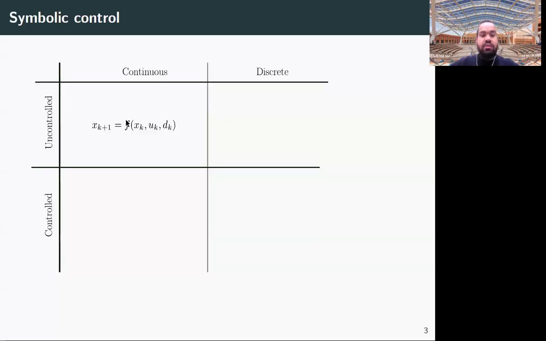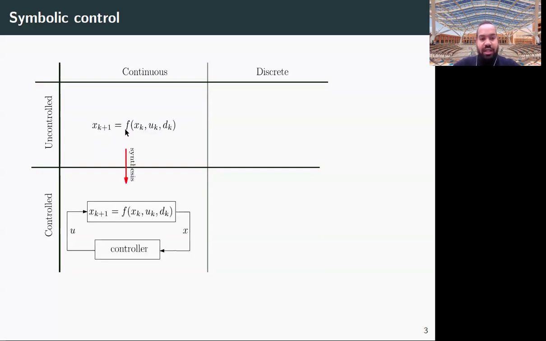It is modeled by this function f. You can consider the function f as the dynamics, for example, of an autonomous car, which is a standard example. For classical control, we go directly and synthesize a controller for this dynamical system, either using MPC or PID or some other technique for controller synthesis.